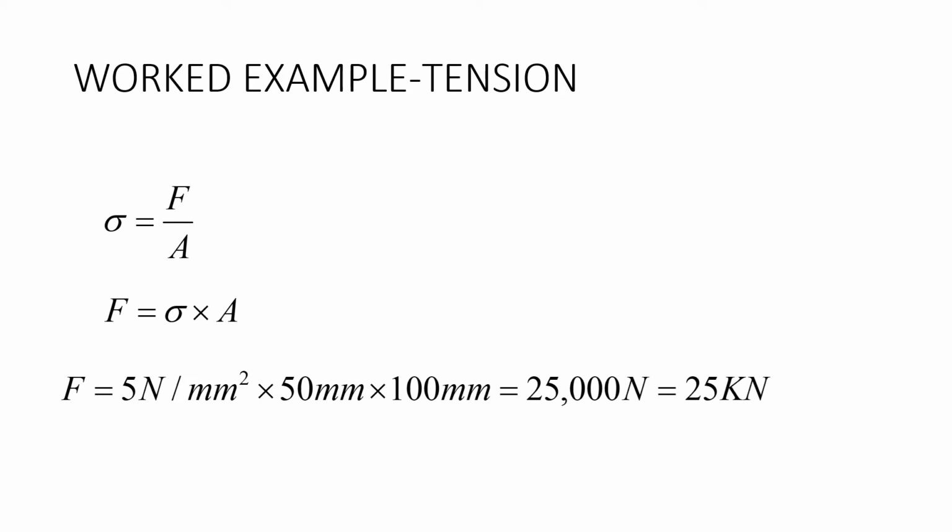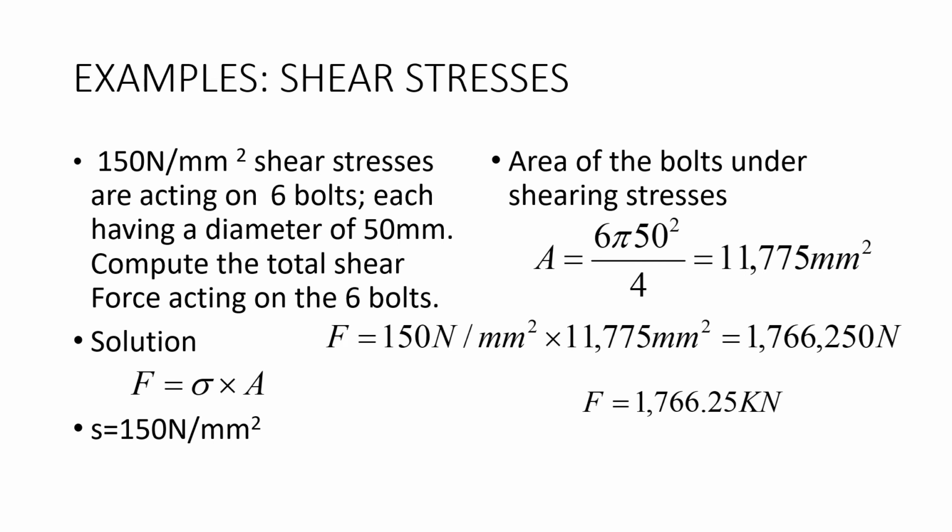So we have stress is equal to force over area. Force is equal to stress times area. So you've got a stress of 5 Newton per meter squared times area, which is 50 millimeters by 100 millimeters. And you've got a force of 25 Newton, which is 25 kilonewton.